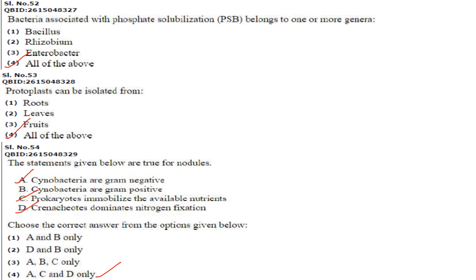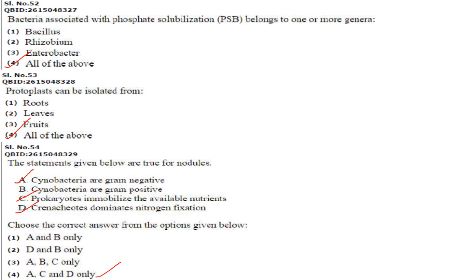Bacteria associated with phosphate solubilization belong to one or more genera: Bacillus, Rhizobium, Enterobacter. All of the above. Answer is all of the above. Protoplast can be isolated from root, leaves, fruits. All of the above can be used for isolation of protoplast.